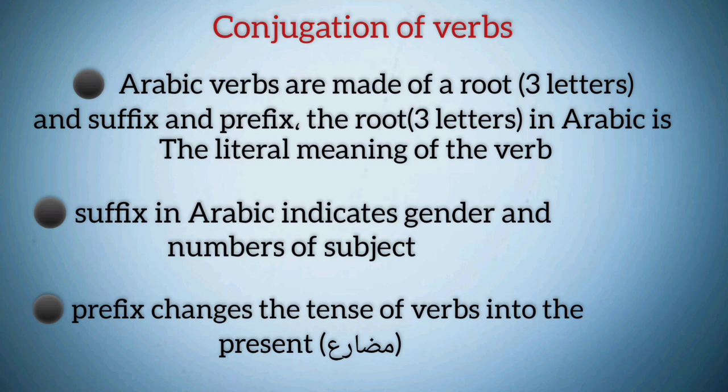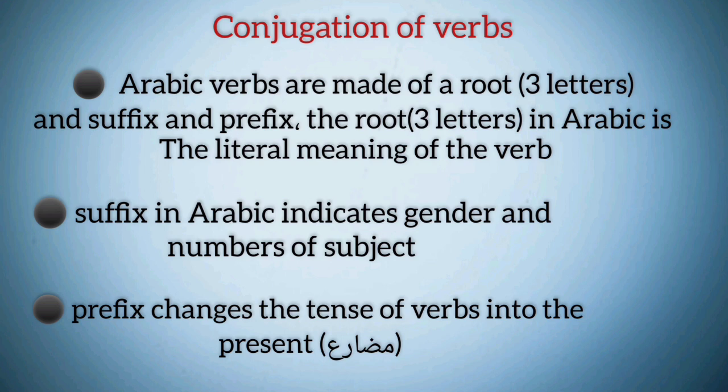Arabic verbs are made of a root, I mean 3 letters, and suffix and prefix. The root in Arabic is the literal meaning of the verb. For example, kitab. Kitab basically means wrote. Kitab is actually the root and the literal meaning of the verb, okay?